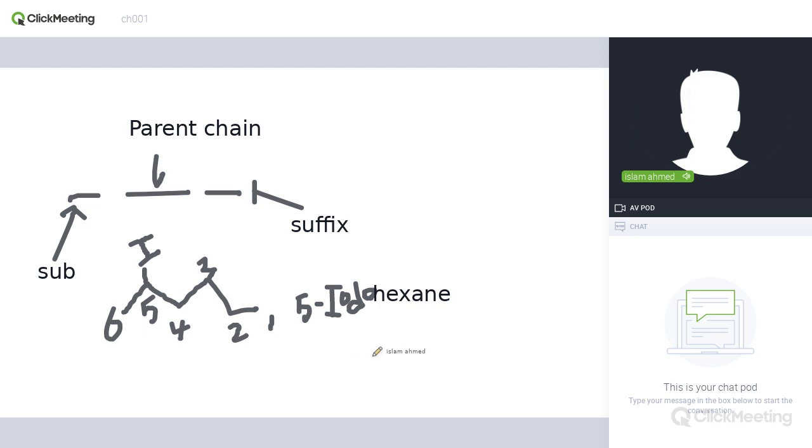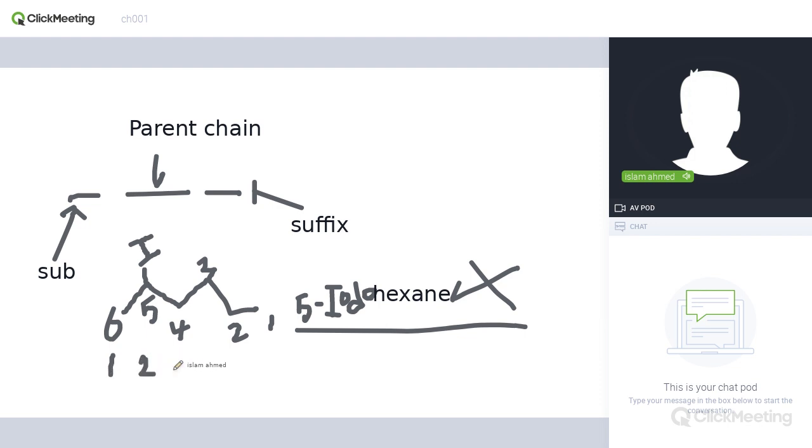Okay? Is that correct? No, it's not. Why is it not correct? Because here the substitution has to take the lowest number. Lowest number. Meaning, if I count from the right, somebody will count from the left.